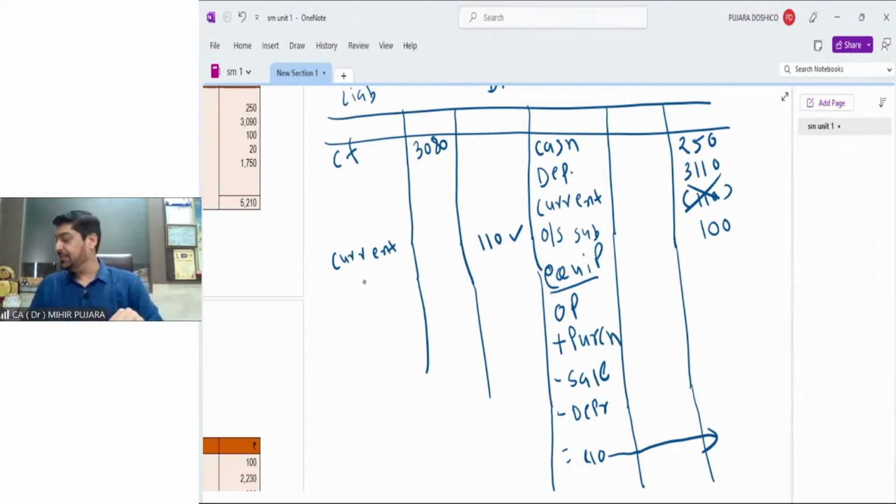Now see the question. Tell me how much opening balance you are given and how much closing balance you are given.